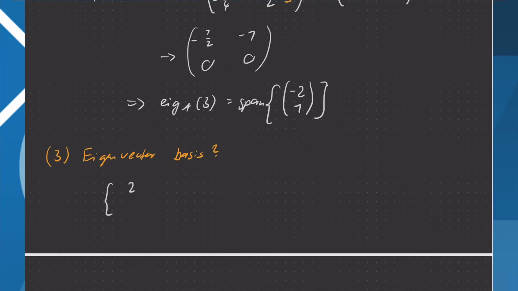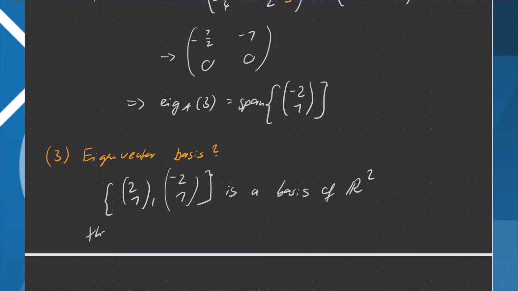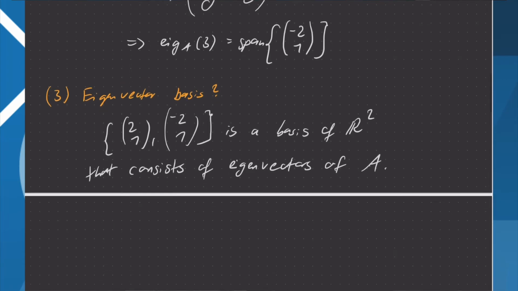And in this case, the answer is yes. 2, 1 and -2, 1 is a basis of R2 that consists of eigenvectors of A. So in this case, there is indeed such a basis.